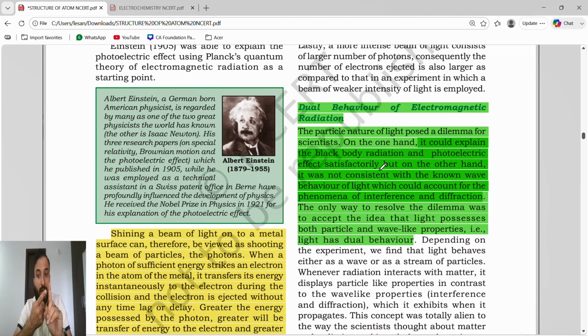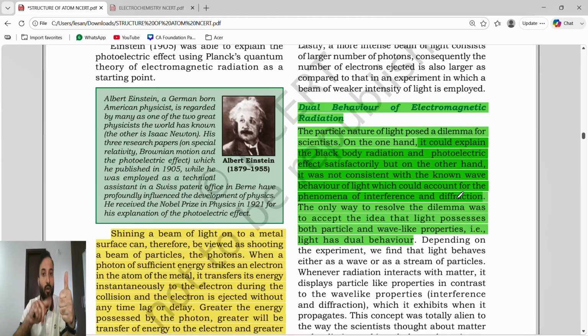It can explain them, but not satisfactorily. That is the important thing, first point. Second point, on the other hand, it was not consistent with the known wave behavior of light, which could account for the phenomenon of interference and diffraction.